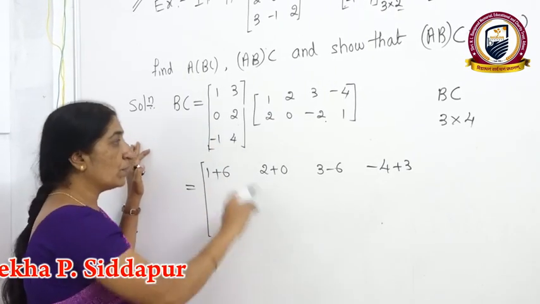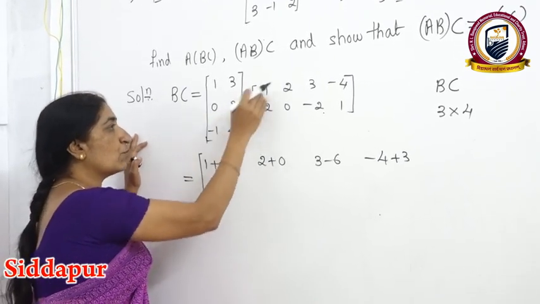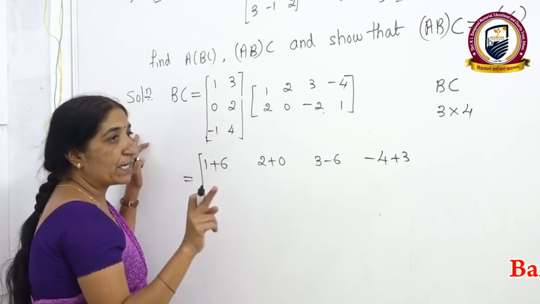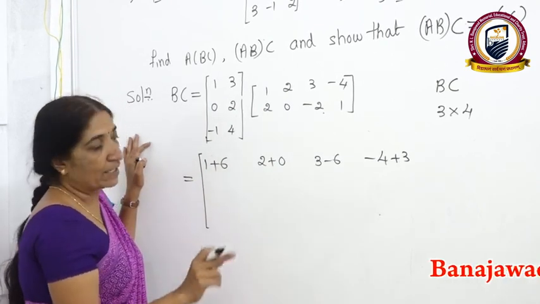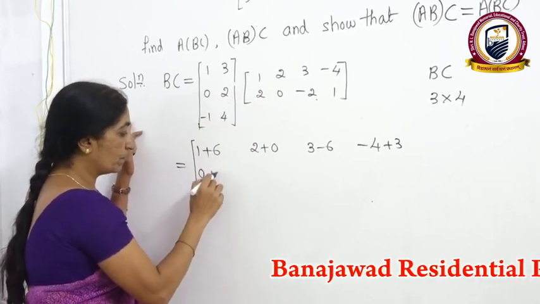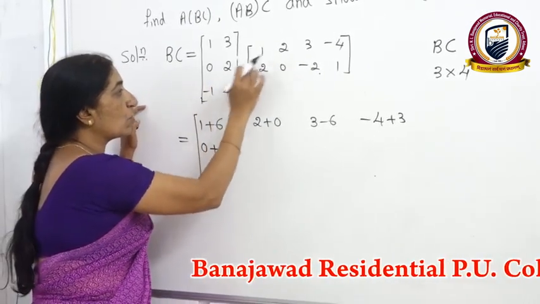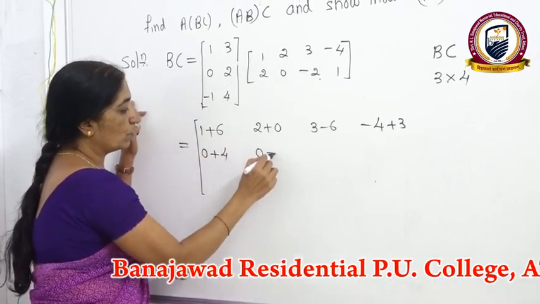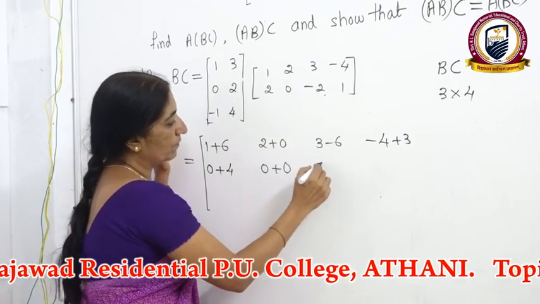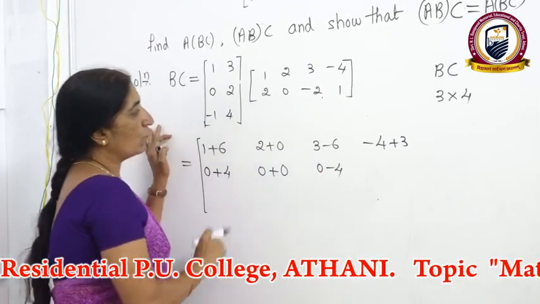Then we come down to the second row. Second row with first column, again term by term. I am writing the values directly because now you are familiar: 0 into 1, 0, 2 into 2, 4. Then second row with second column, 0 plus 0. Second row with third column, 0 minus 4.